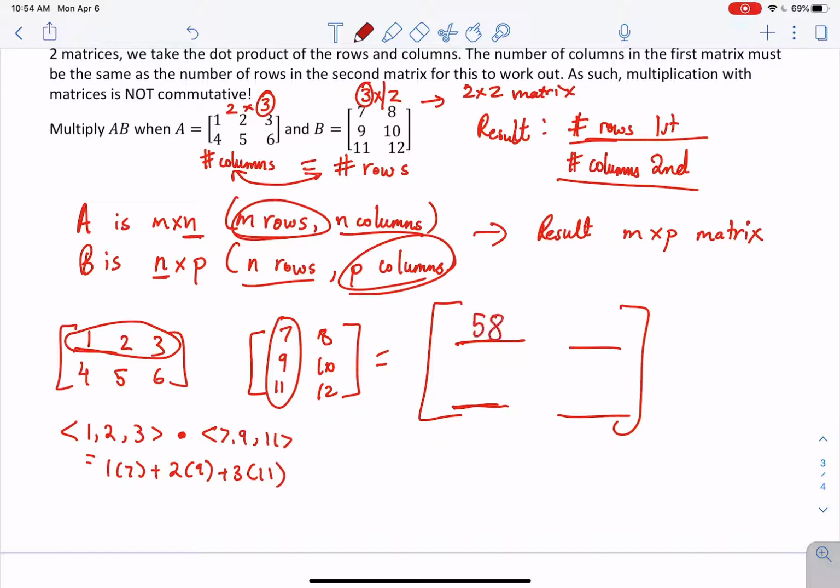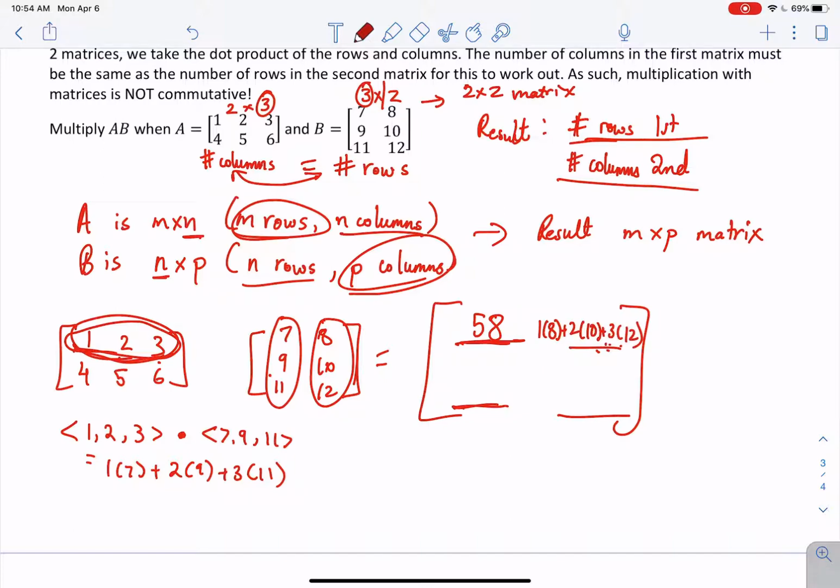58. Then I'm going to go on to this one. I'm basing this off of where this is, right? This was the first row and first column, so I dotted the first row and first column. This is first row, second column, so I'm dotting first row, second column. And so I get 1 times 8 plus 2 times 10 plus 3 times 12.